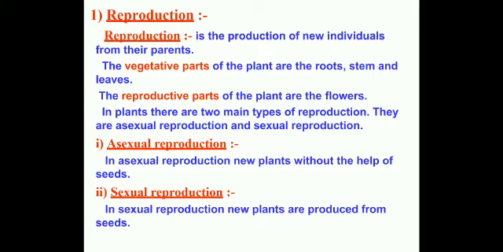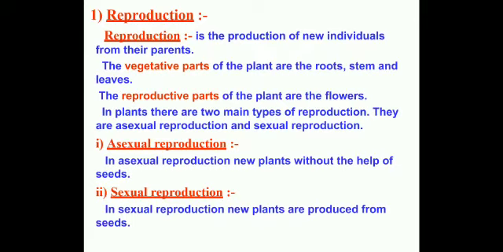Now, in plants, there are two main types of reproduction, as I said earlier. They are asexual reproduction and sexual reproduction. Asexual reproduction means the production of a new plant without the help of seeds.